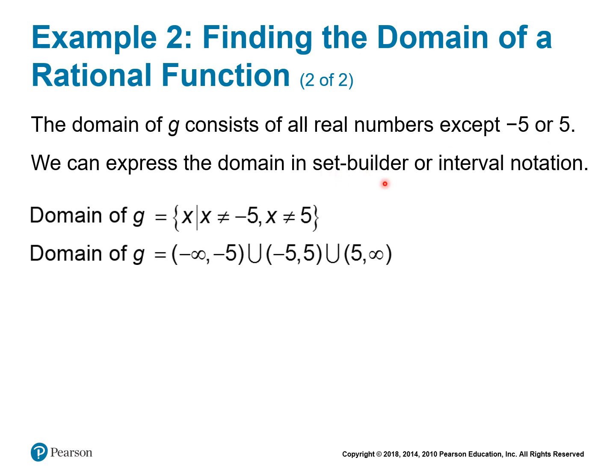Again, they've used both the set builder notation and the interval notation. So in the set builder notation, we start off with curly brackets, and then write your input variable, your domain variable, which is x, put a vertical bar which reads such that, so x such that x is not equal to negative 5, comma, x is not equal to 5.